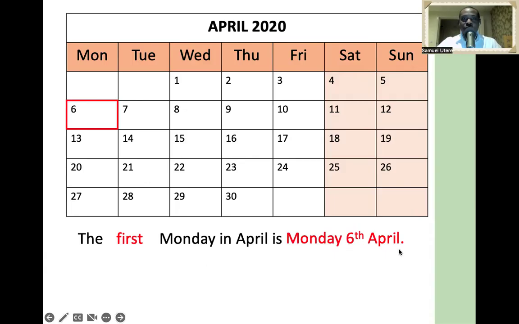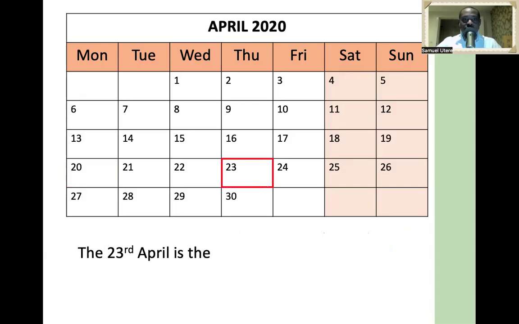We can also say the second Monday in April is Monday, 13th April. The third Monday in April is Monday, 20th April. And the fourth Monday in April is Monday, 27th April.